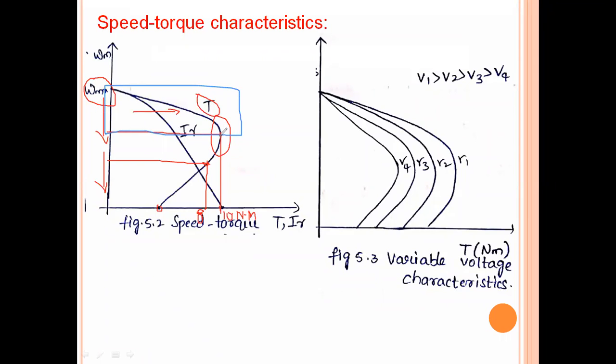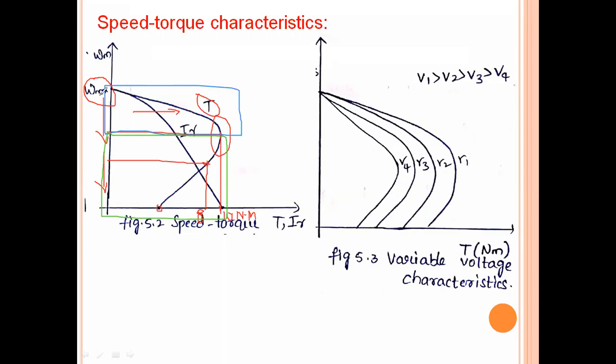After reaching the maximum torque point, the torque and speed both show proportionality. During this green marked region, the speed decreases and the torque also decreases. So the characteristic between speed and torque is divided into two portions.